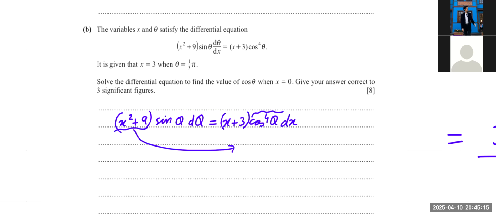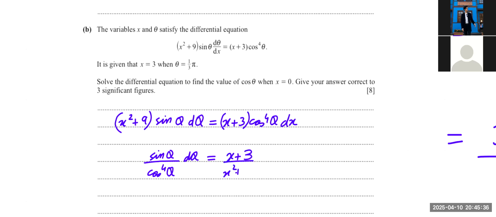Okay. So x squared plus 9 sine theta d theta divided by cosine 4 theta on this side, and then x plus 3 over x squared plus 9.